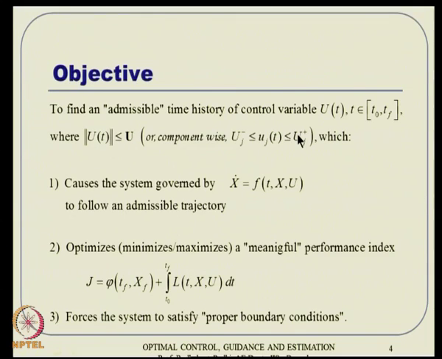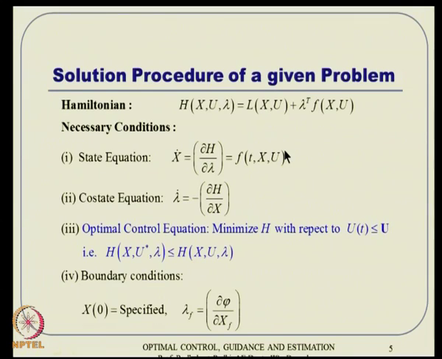So, in that setting we have already seen that the necessary conditions of optimality are very close to the unconstrained case, but the only difference is that the optimal control should satisfy this inequality. So, we cannot just put ∂H/∂u equal to 0 and solve for control. This inequality has to be carefully analyzed, and you have to actually see what u star minimizes this Hamiltonian function.